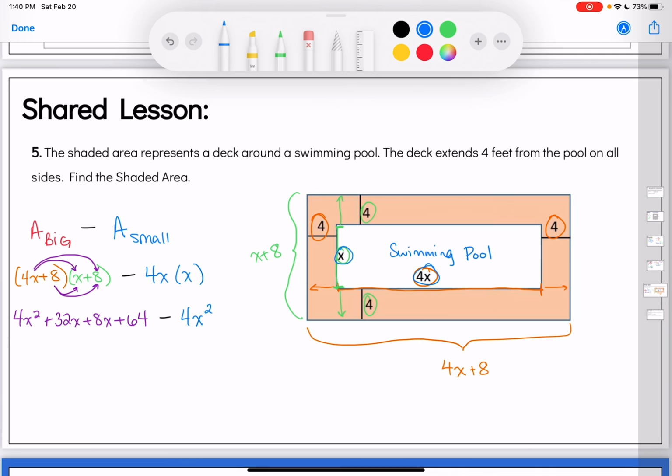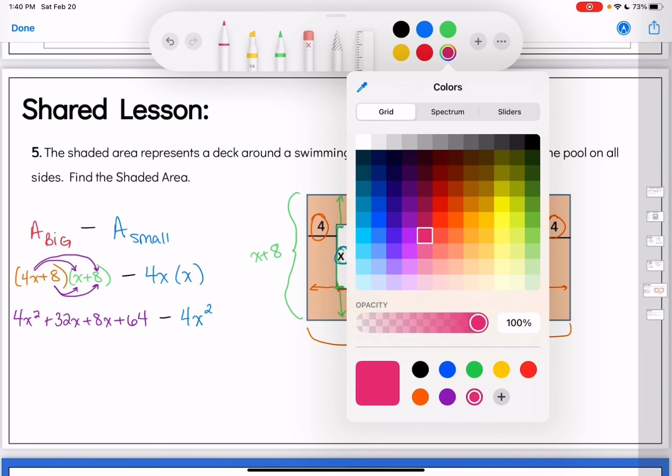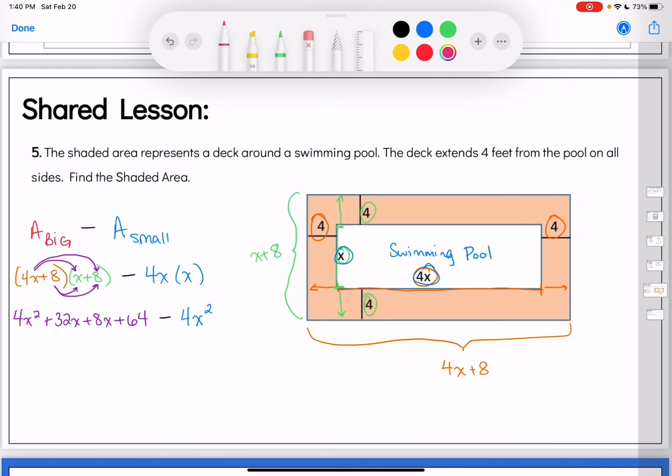X times x is x squared, 4x squared. Now I just combine any like terms that I might have. Notice I don't have any more parentheses, so I can combine anything I like. I see I have a 4x squared and a negative 4x squared. Those will cancel out. I have a 32x plus an 8x, which would give me 40x. Plus 64, can't combine it all.